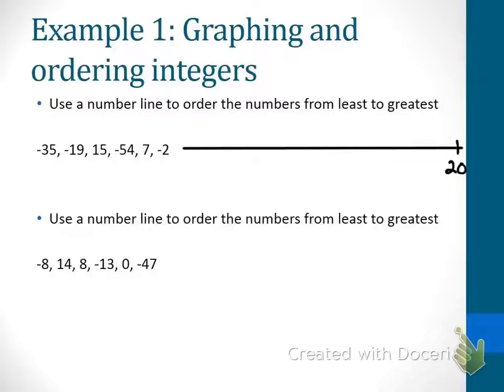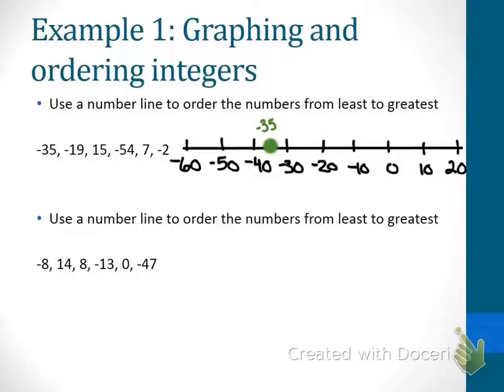I want to go a little bit higher than my highest value, so I start at 20 and work my way down. Go ahead and set up your number line and plot your points.